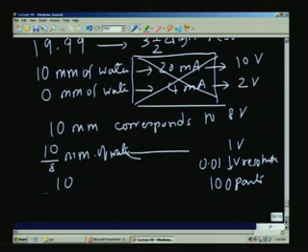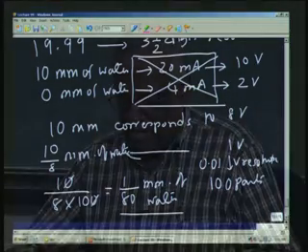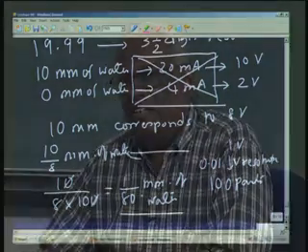So, 10 by 8 into 100, that is 1 over 80 millimeters of water, slightly less than 0.01. Okay. Slightly less than 0.01, because 1 over 80 is less than 1 over 100.